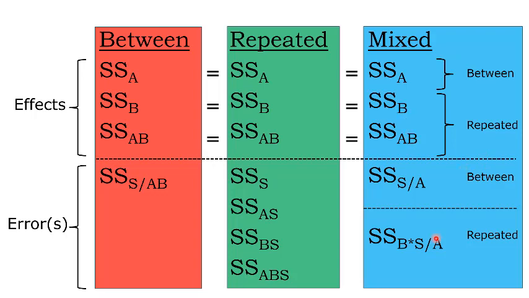Now, this may sound a little bit confusing, but the nice thing is, with between, if we don't count total, we had 1, 2, 3, 4 effects to calculate. With repeated, it went from 4 to 1, 2, 3, 4, 5, 6, 7 things to calculate.